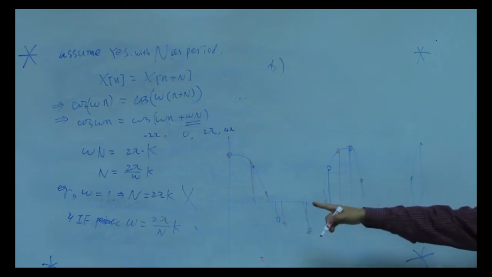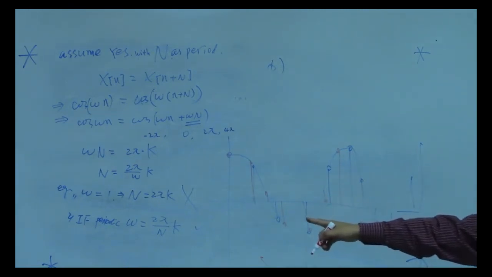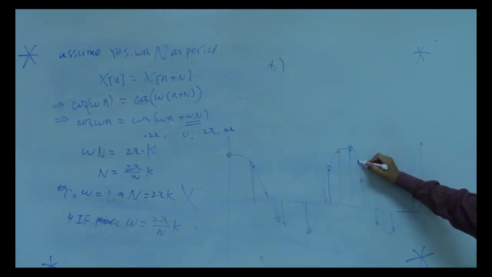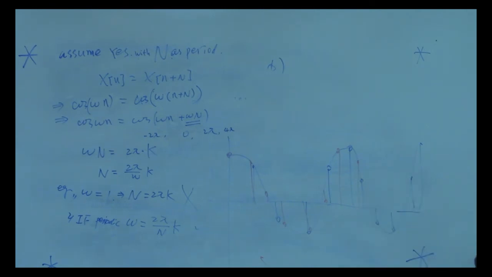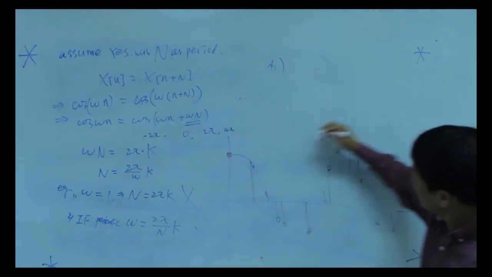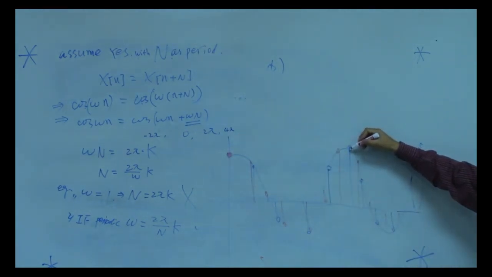Why? Because your frequency does not satisfy that condition. So the next point will be here, and the next one here, like this. There's no way you can find this one always equal to this, because this one is not defined at this point.